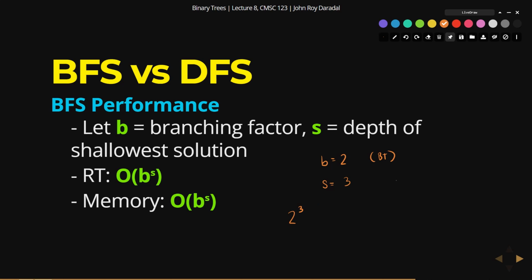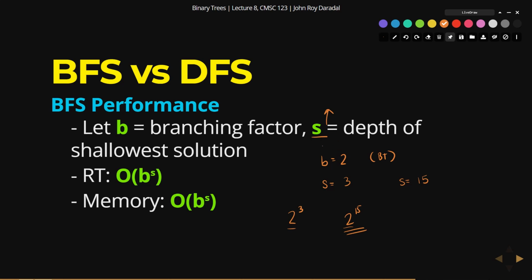But if the solution is at a deep part of the tree, like at level 15, then that would be 2 raised to 15, which is a lot bigger. So it all depends on the branching factor and the depth of the shallowest solution. The bigger this goes, the worse the running time is, and the memory also.